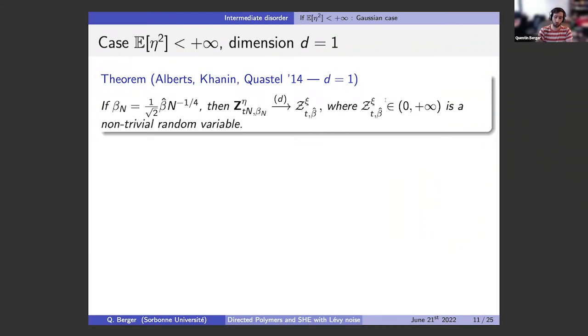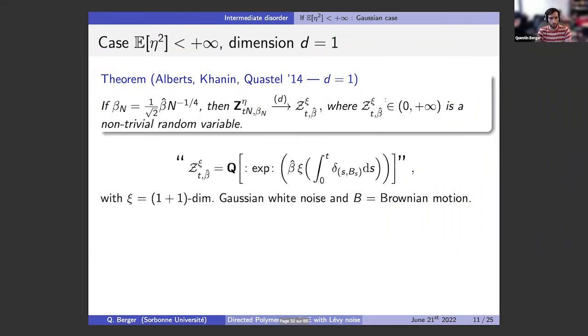And this continuous partition function, I can give you an expression. The expression is the analogue, in the continuous world, of the directed polymer partition function. In the directed polymer model you had a random walk; here in the limit you'll have a Brownian motion. And in the discrete model you had IID random variables with finite second moments, so in the limit you'll have 1+1 dimensional Gaussian white noise, the scaling limit of the field of random variables.